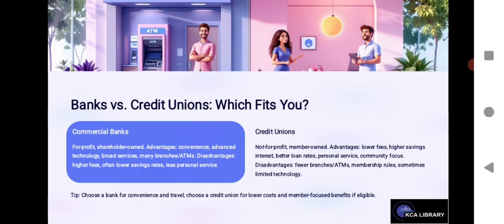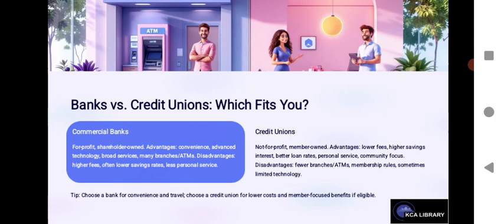Now we have to clarify the difference between banks and credit unions so that you know the one that fits you. Commercial banks are profit institutions. This means that their main goal is to make money for their owners, called shareholders. Shareholders invest in the bank and expect the bank to generate profits for them. Banks earn money in several ways. Banks can earn money by charging fees for account maintenance, overdrafts, or even ATM use.